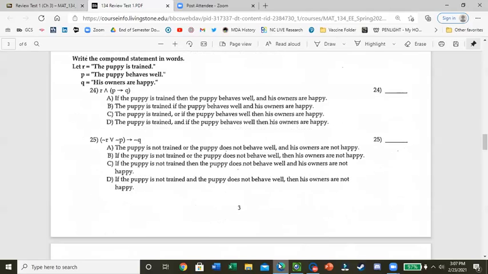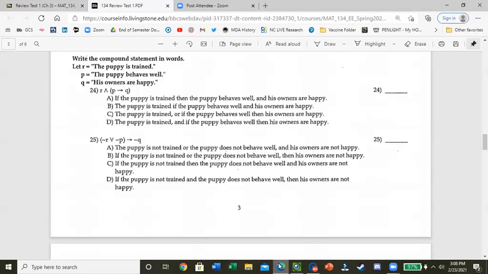Number 24. Now 24 and 25 are pretty similar to the others. Since R is the puppy is trained, P the puppy behaves well, Q his owners are happy.